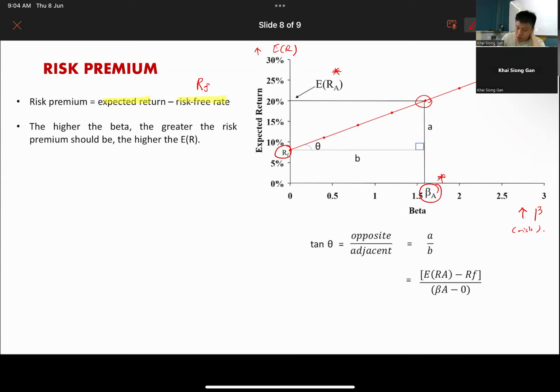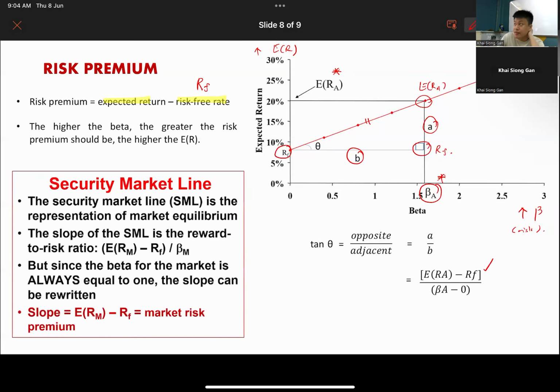Opposite is this A, adjacent is B. So with A and B, what can I calculate? I can calculate this gradient here. So therefore, my opposite here is A. A is the expected returns of this asset minus the risk-free rate. Right? So that's how this formula is being derived.